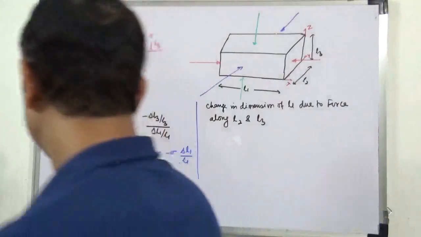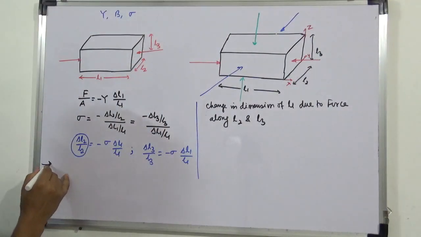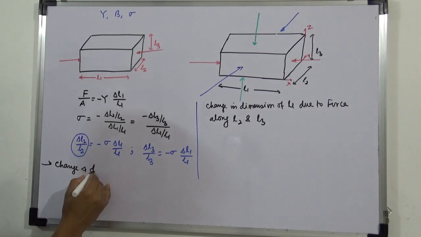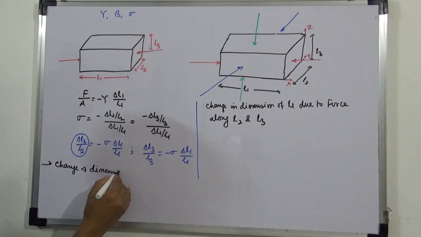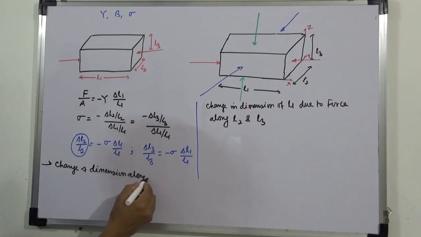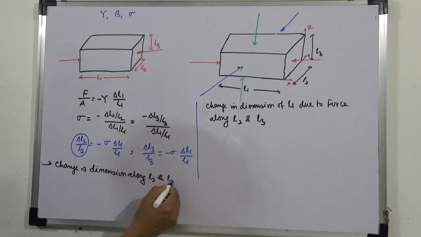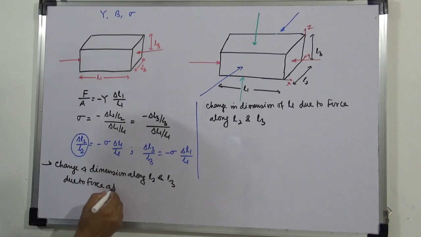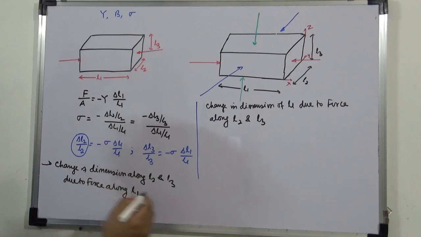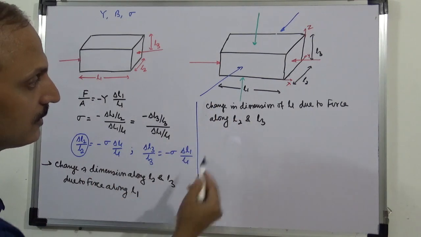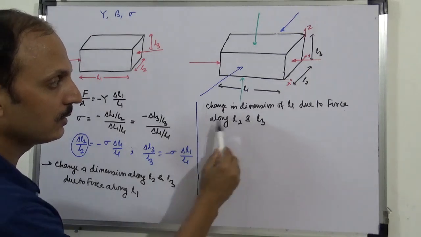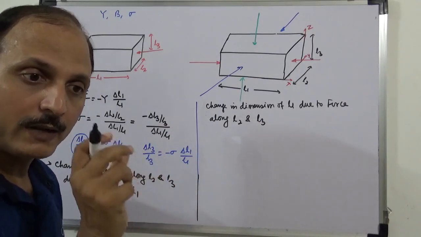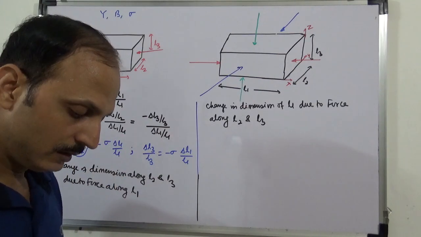These are the change of dimension along L2 and L3 due to force along L1. The same will be here, the change in dimension of L1 due to force along L2 and L3, and then if we add all these changes along L1, that will be the net change of L1.